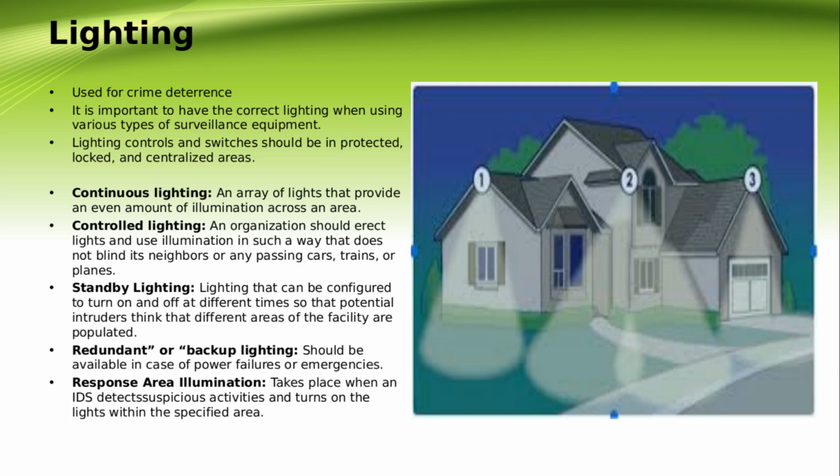So here we can see the signs, fencing, gate and lighting. The lighting is from a safety perspective. Too little light can provide an opportunity for a criminal. Too much light can create glare and blind spots, resulting in potential risk.